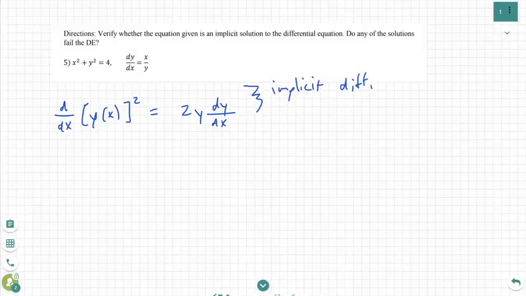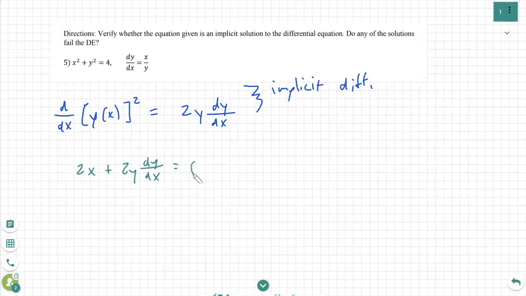Okay, so if you differentiate the given equation, what do you get? 2x plus 2y dy dx equals... What's the derivative of 4? 0.